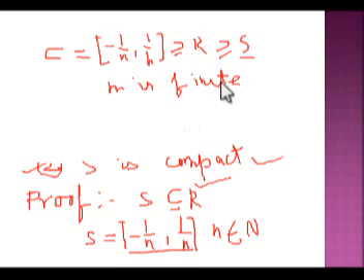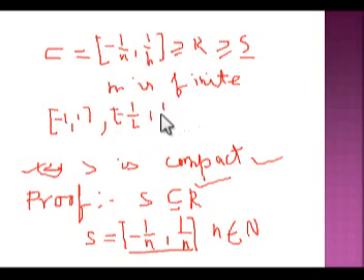So for the intervals up to M finite, we will get minus 1 to 1, minus half to half.